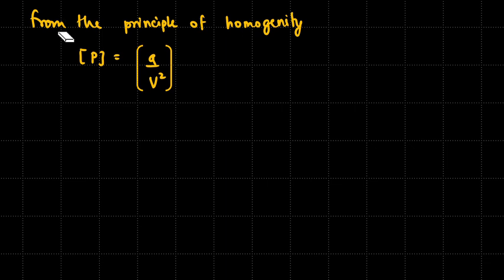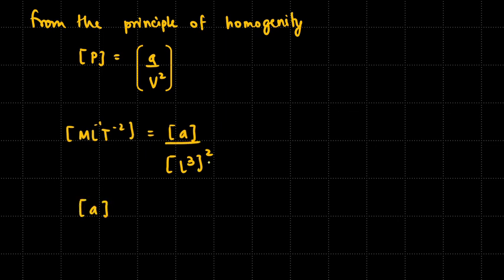The dimension of P is pretty simple. It is M L^-1 T^-2. The dimension of a is the thing that we have to find. The dimension of V² is L cubed raised to the square, so this will be L to the power 6. So the dimension of a will be M L^5 T^-2. So this was the dimension of a.